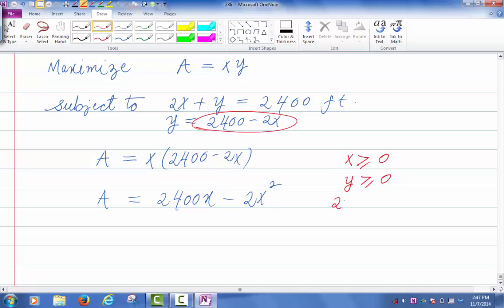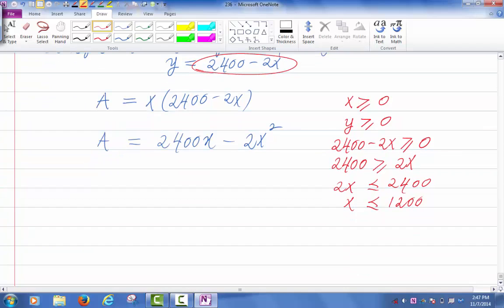So I need 2,400 minus 2x to be non-negative as well. That tells me that 2,400 is larger than 2x, which means I need x to be less than 1,200.